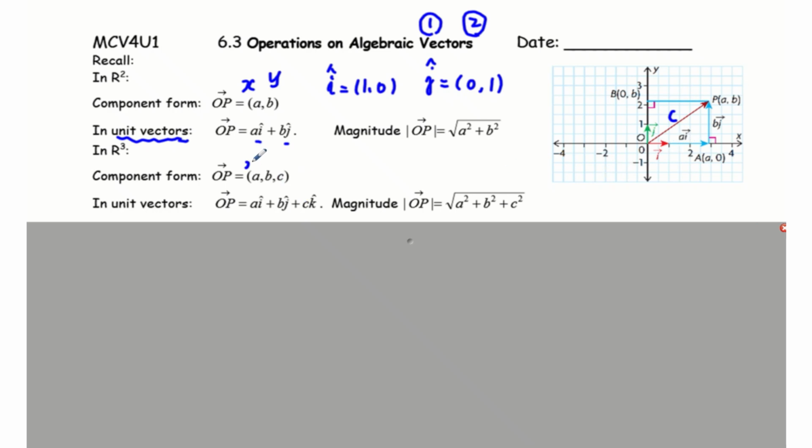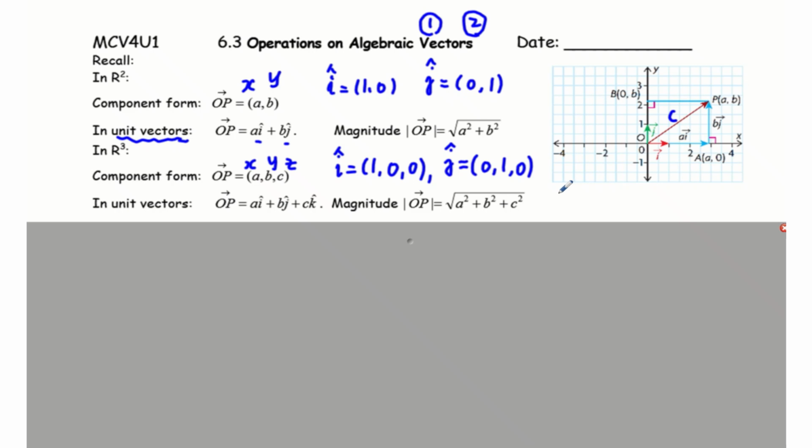For 3 dimensions, it's the same thing. It's the x coordinate, y coordinate, z coordinate for the component form, and the unit vectors are i, j, k. Now it will be in 3 dimensions. For i, the x direction is 1 and the other 2 directions are 0. For j, the unit vector in the y direction, the y direction is 1 and the others are 0.